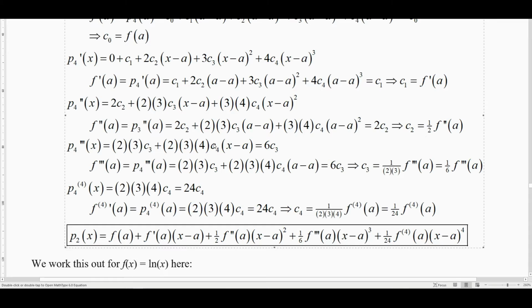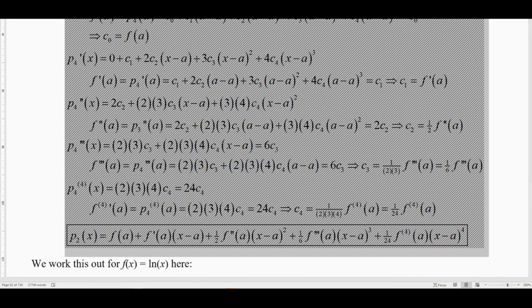Now, when we do another derivative, the c3 term goes away, that constant term, and we get 2 times 3 times 4 times c4 times 1. And that is going to be the fourth derivative. But we want that to be the same as the fourth derivative at a.